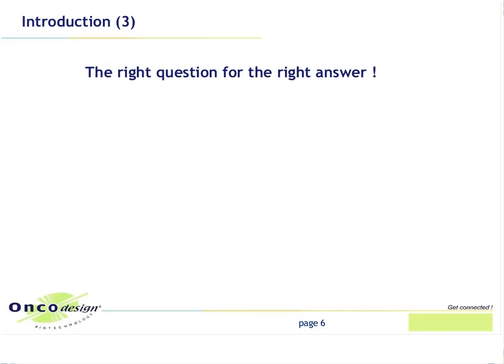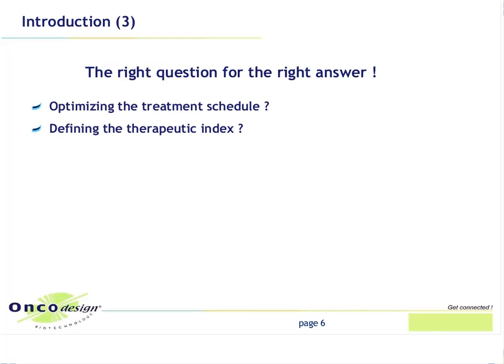So, to the right question, we need the right answer. Do we want to optimize the treatment schedule, either the dose, the route, or the repeated injection or a single injection? Thus, we have to define a therapeutic index to find the lower efficacious dose versus the higher efficacious dose without any toxicity.